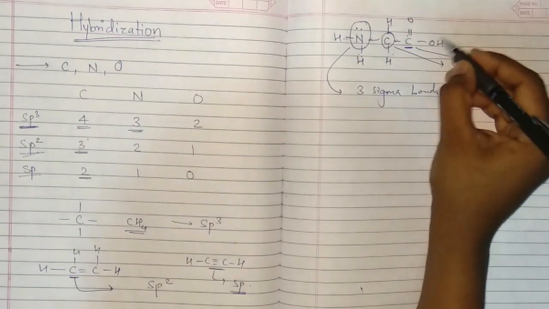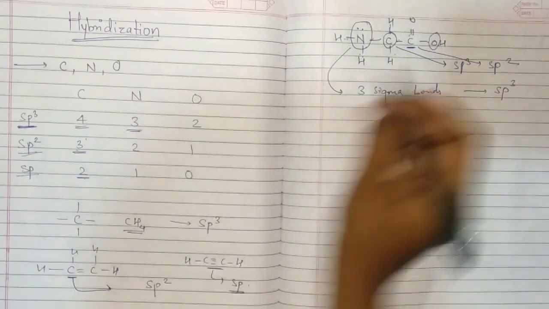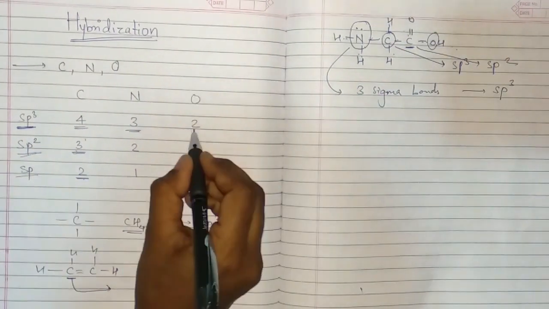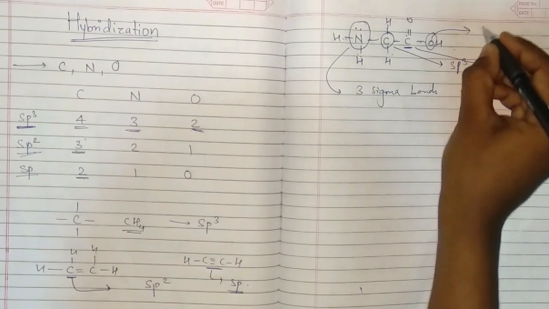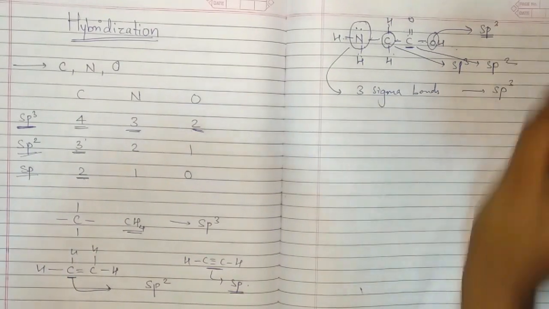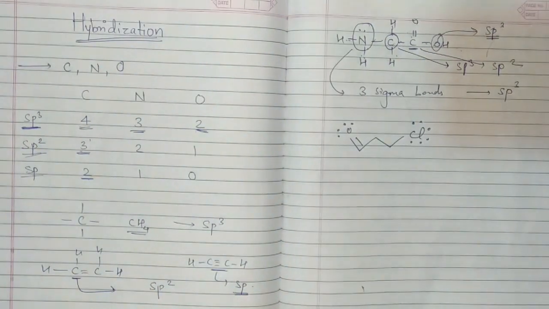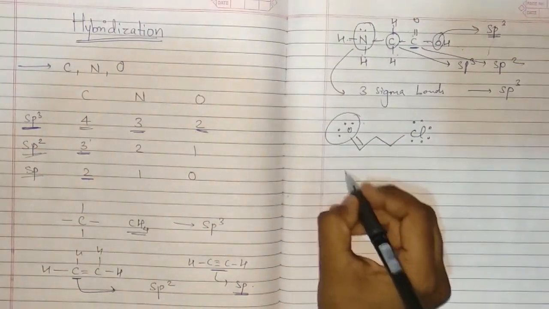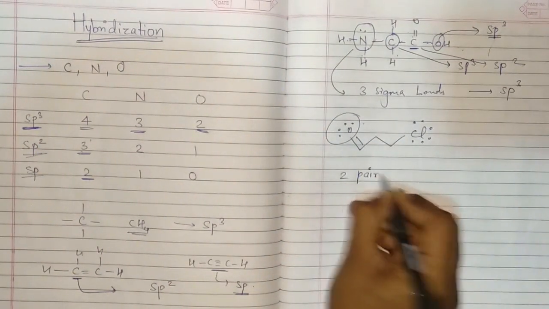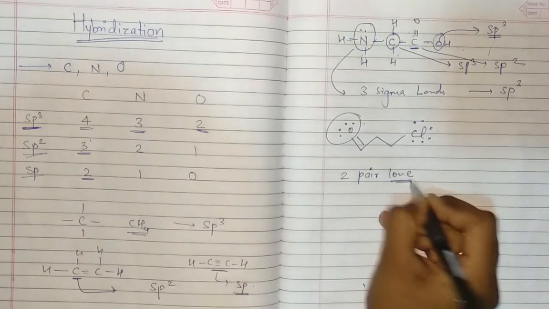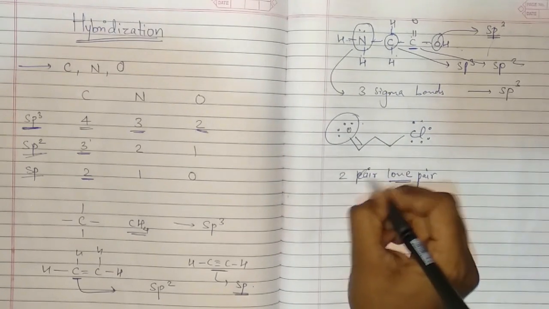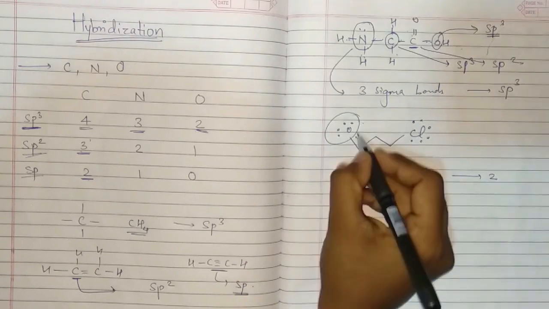Now how to calculate the hybridization of oxygen? So the oxygen contains 2 sigma bonds, so the hybridization is sp3. Now we will look at a different compound. So now this compound contains 2 lone pairs and 1 double bond.